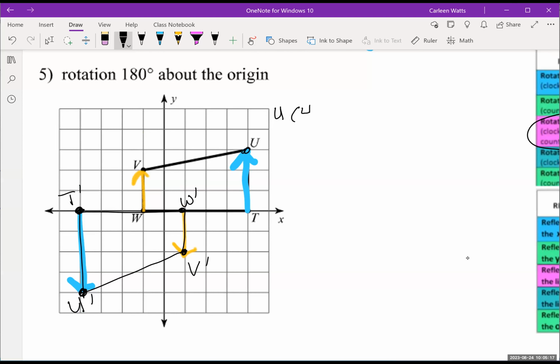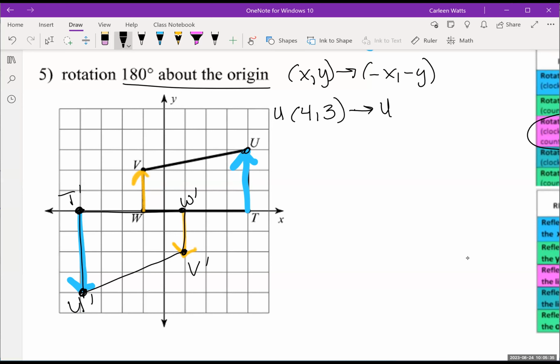Over 4, up 3. Now the mapping for 180 degrees is XY maps to -X, -Y. So what is U prime going to be? -4, -3. -4, -3, right there.